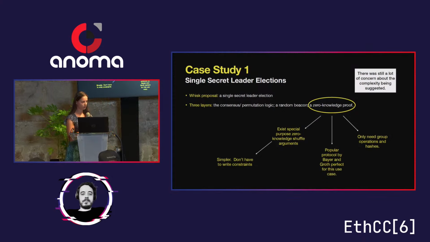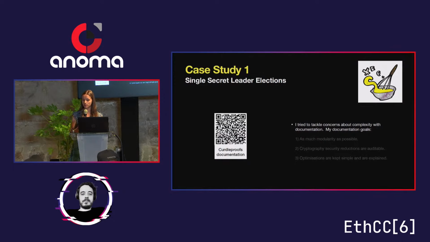However, even with this much simpler scheme, there was still a lot of concern about the complexity being suggested. I personally tried to tackle some of these concerns about the complexity, and really with the only trick that I knew how, which is just more documentation, and I had some specific documentation goals.